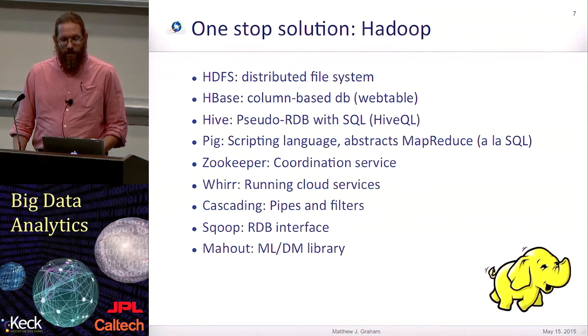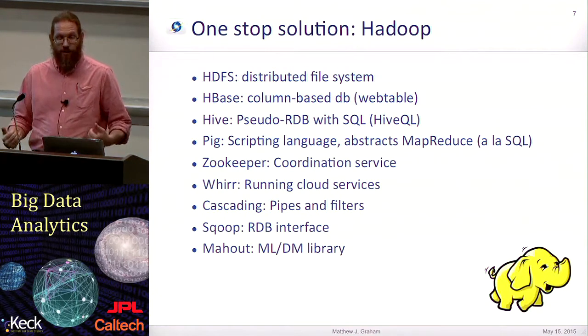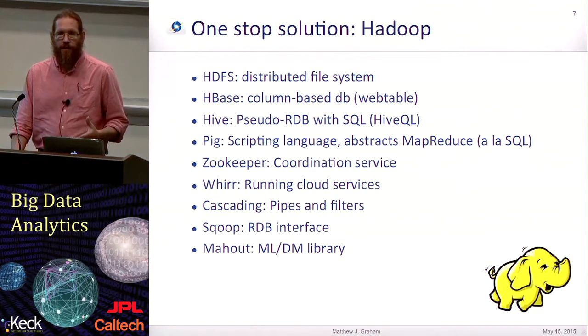If you have your data available in a relational database, you can put Sqoop on it, for example, to make it then accessible to the rest of the Hadoop system. And then there is also a machine learning data mining library available called Mahout, which has a variety of algorithms which have been implemented in such a fashion as to make use of the underlying Hadoop system.